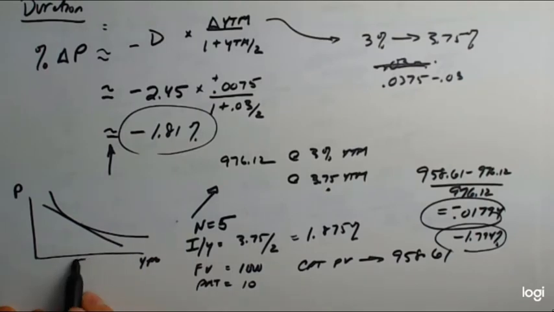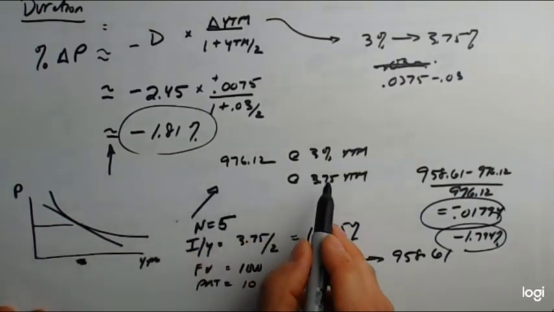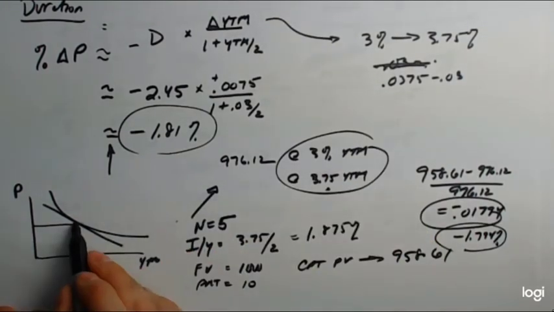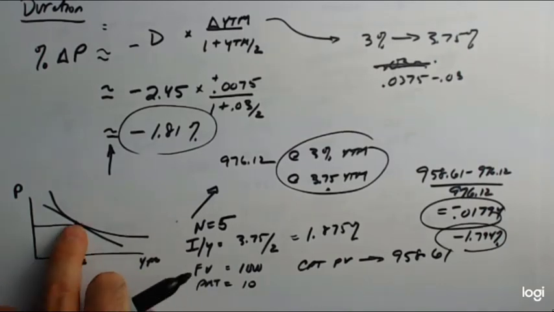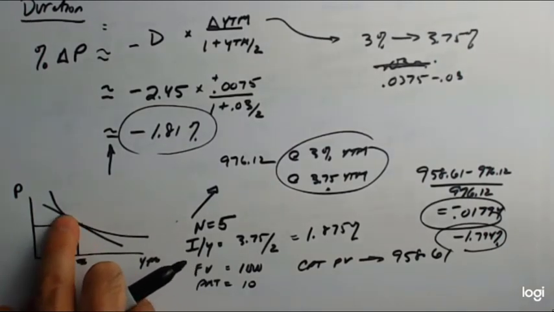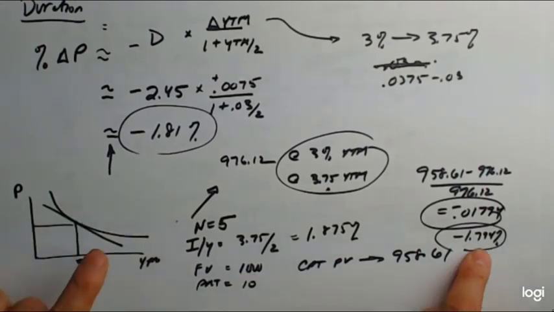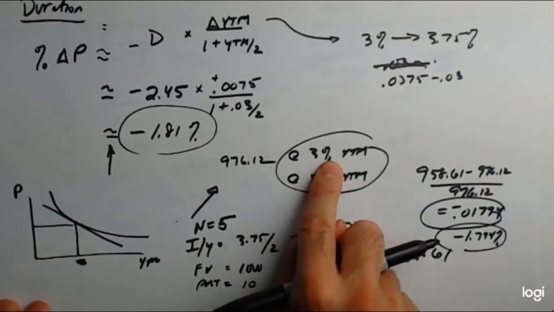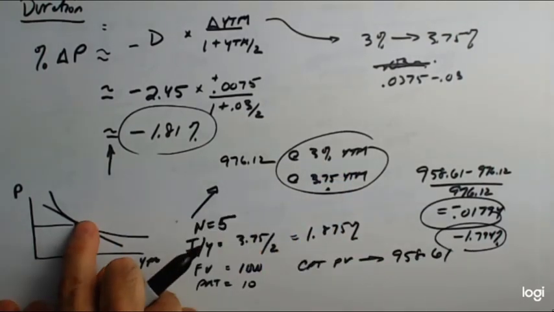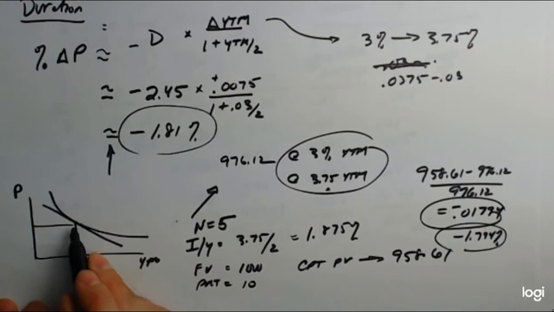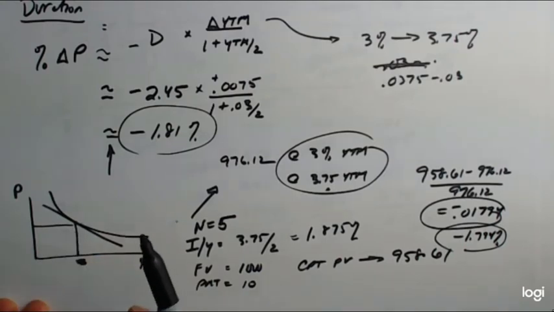So when you change the yield to maturity like I did right here, we start from that point. Small changes in the yield to maturity won't have much error. So there's a very small error here. We didn't change things too much, 75 basis points. I can't even distinguish it because of the thickness of my marker line here. But there is a difference.